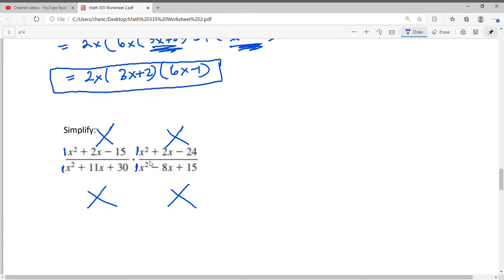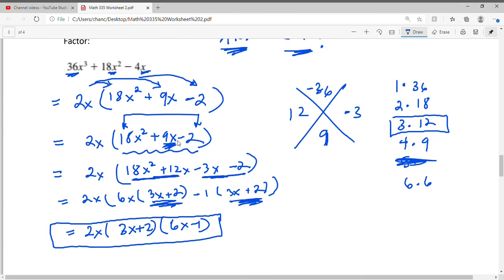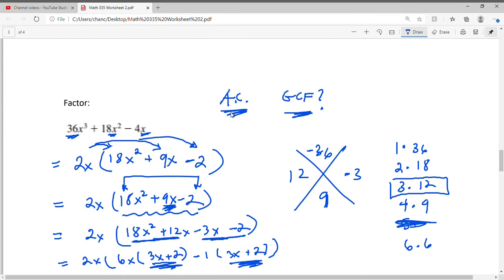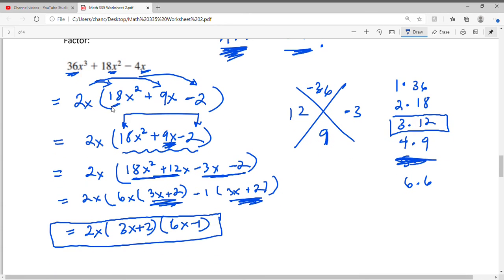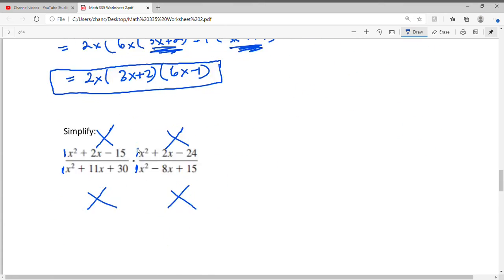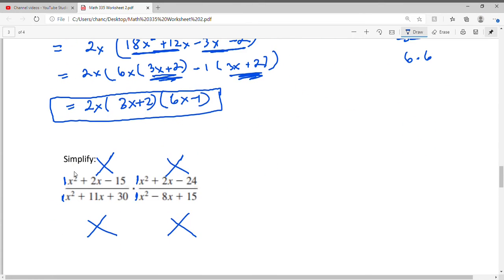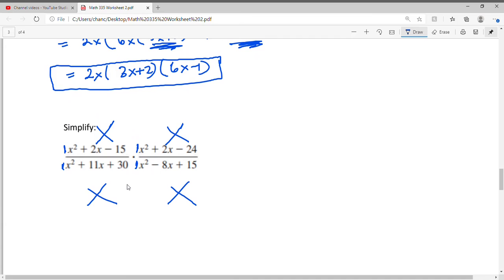So I don't have to split the middle here with the AC method like in the previous example. That's called the AC method because we had a leading coefficient that was not a 1. Here the leading coefficient is a 1, so we're going to use a method called the diamond method.